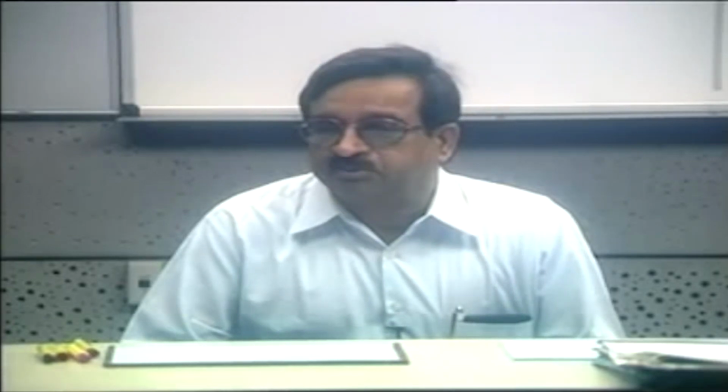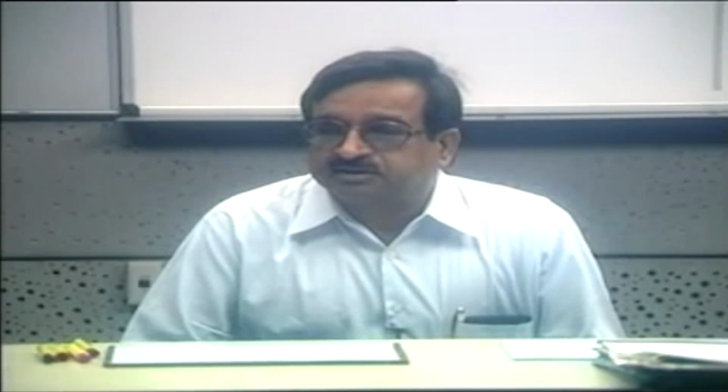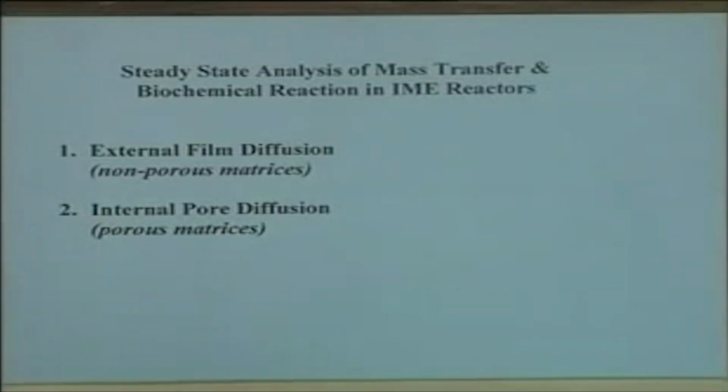And these parameters influencing the rate of enzyme reaction demonstrate the role of mass transfer in the performance of the enzymatic catalysis.